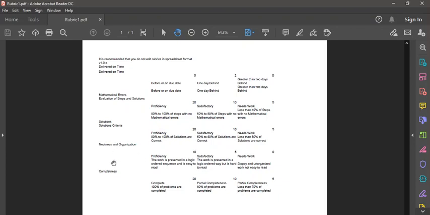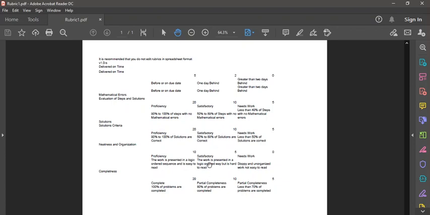We are evaluating the neatness and organization, so it is very important for you to have your work clean, neat, and organized. The proficiency on that is if you present your work in a logical ordered sequence and it's easy to read, you can get 10 points.